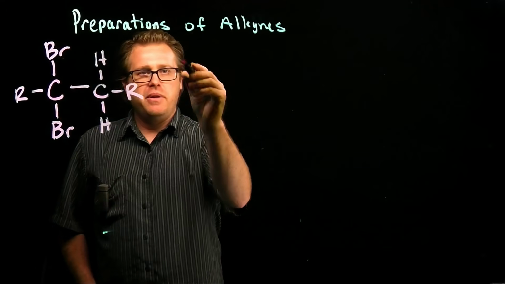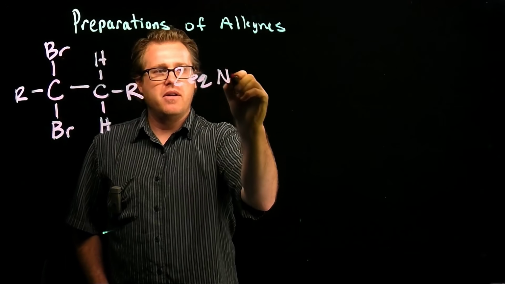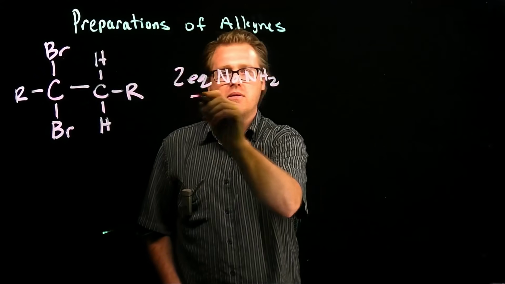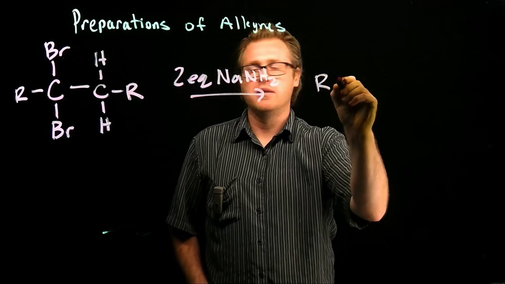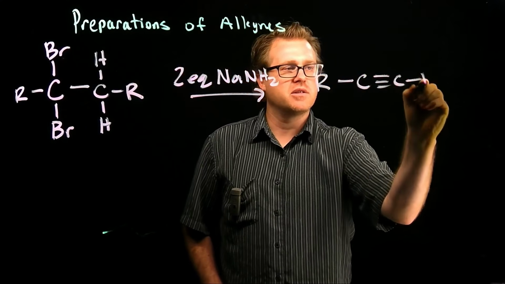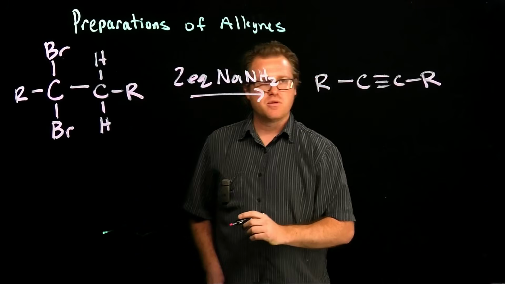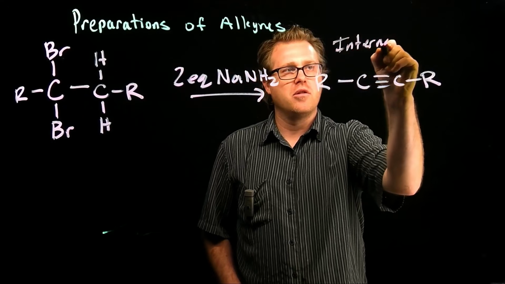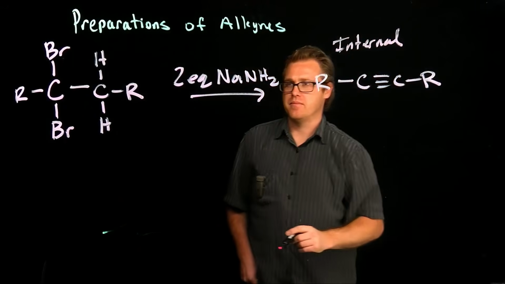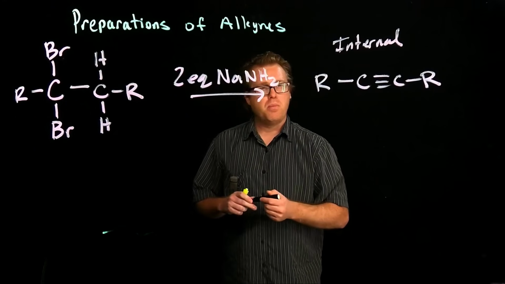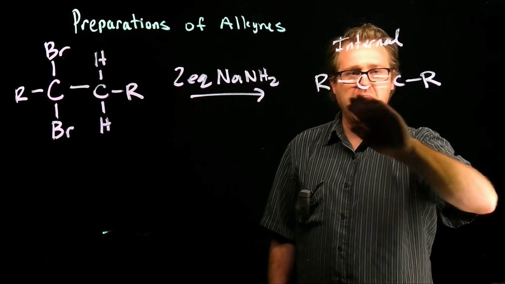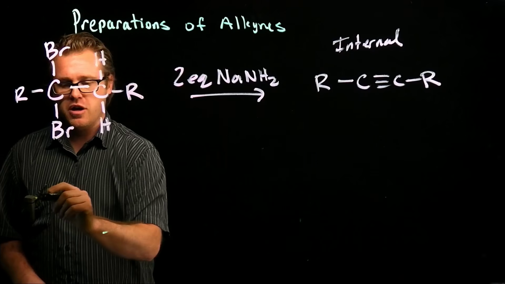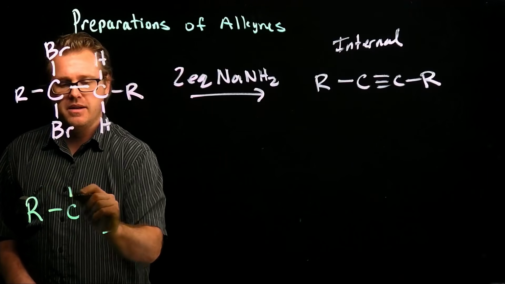And we add 2 equivalents of our sodium amide. What are we going to get? We are going to generate this product, right? And that is what? An internal alkyne.